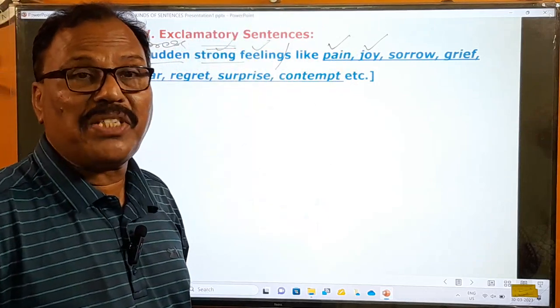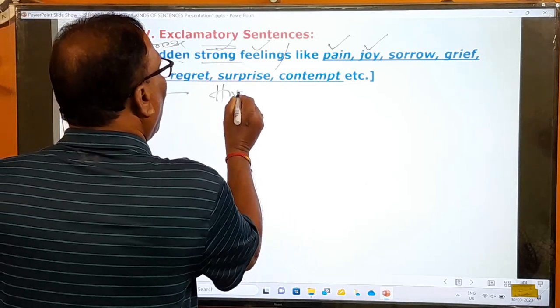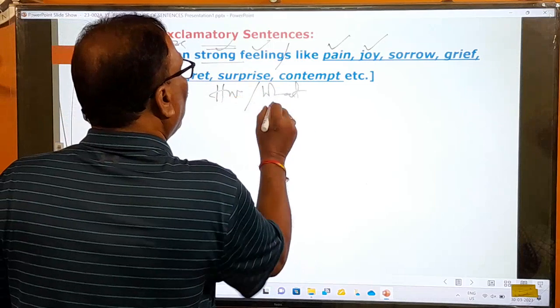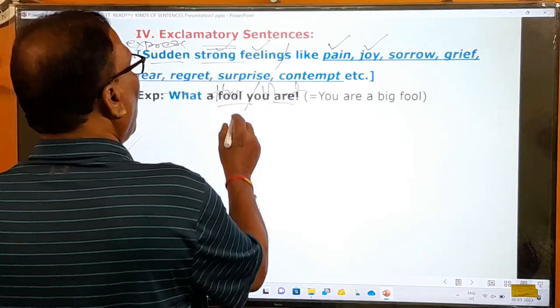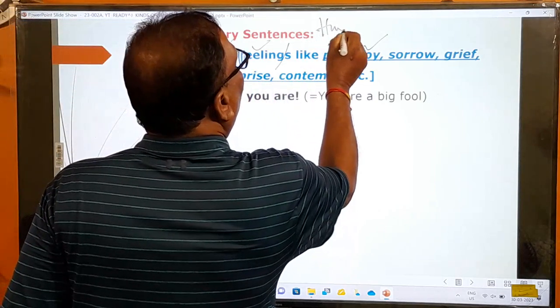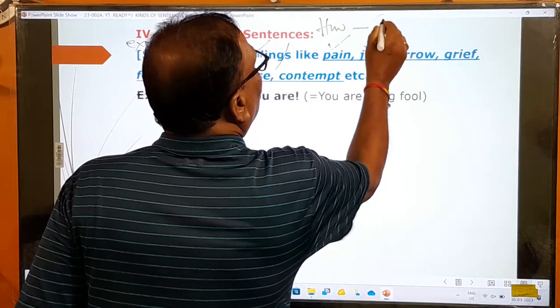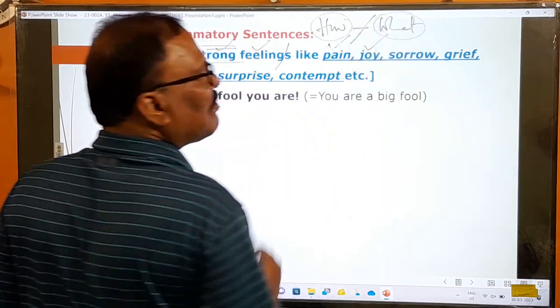One very important feature of them is they begin either with how or what. That's very important. They begin with how or what. That's very, very important. Of course, they are not WH questions, but how or what.